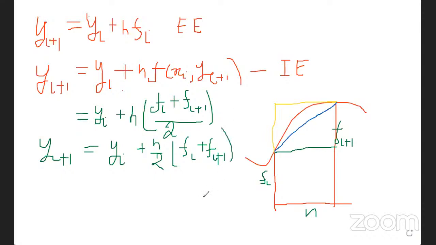This is the area of the trapezium, and the formula we get in this way is known as the trapezoidal rule.